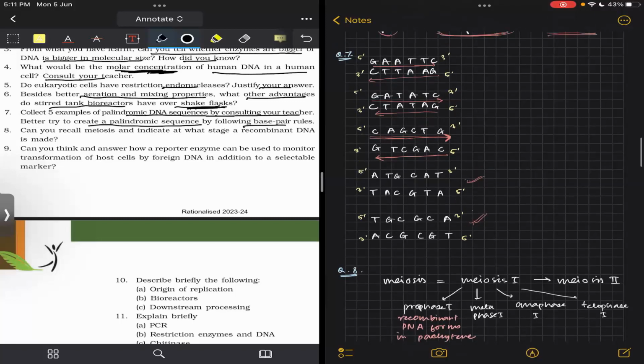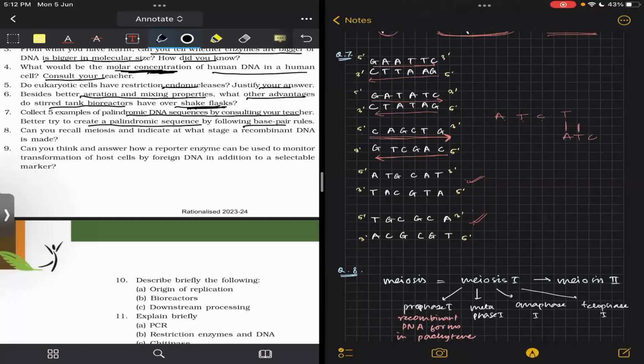So there's a very simple method for this. First, write any 3 bases that you want. For example, I'm writing ATC. Randomly select any 3 bases, and just repeat these 3 bases here, ATC, and now just put the complementary bases over this.